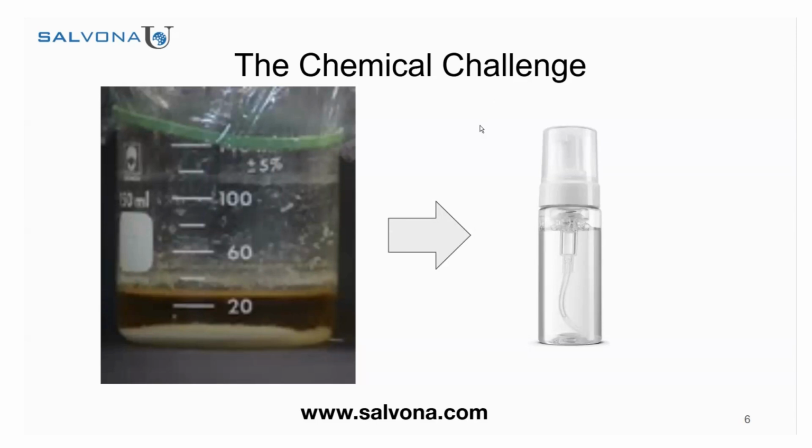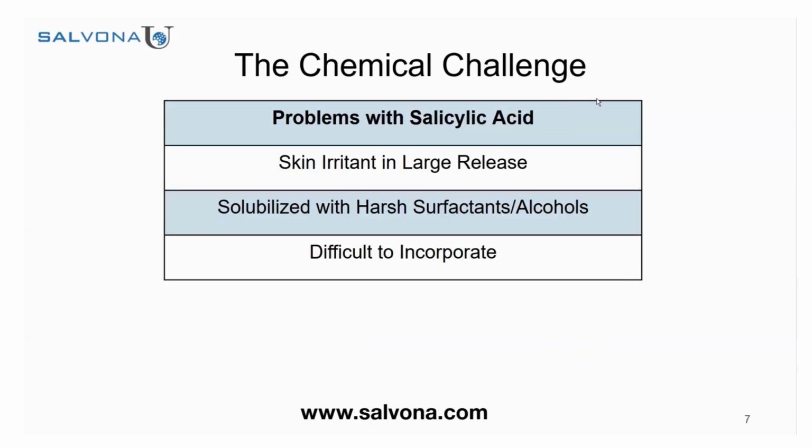So how do we overcome this chemical challenge from salicylic acid? We see the chemical challenge previously, as well as the irritation potential. Salicylic acid, as the name not so subtly implies, is an acid. It's a strong acid, and being a strong acid, it has a very low pH.